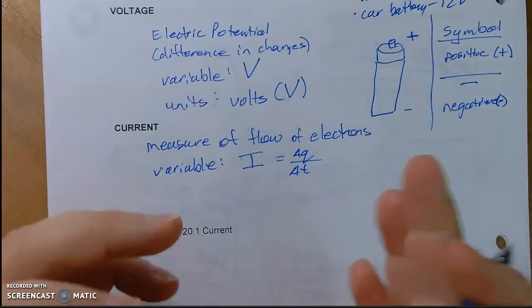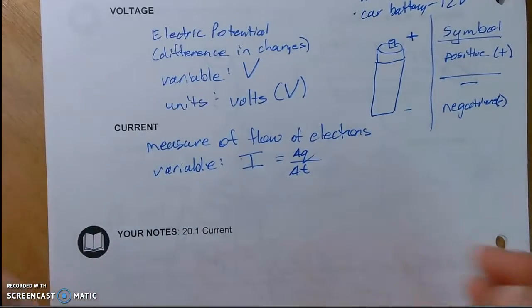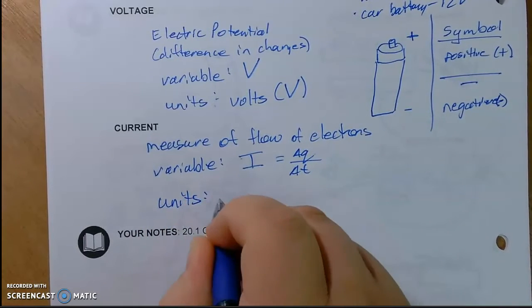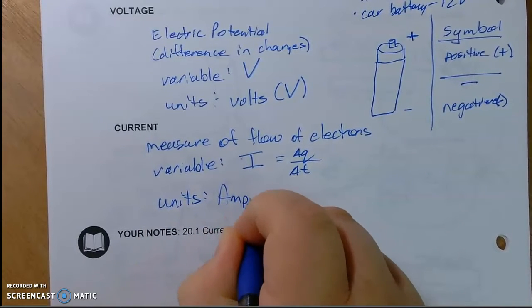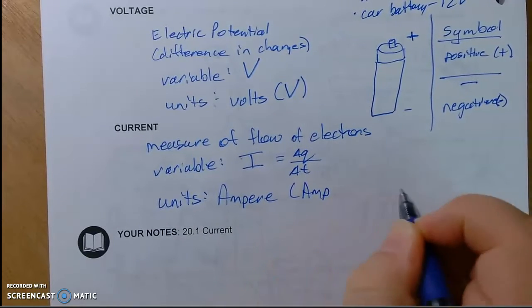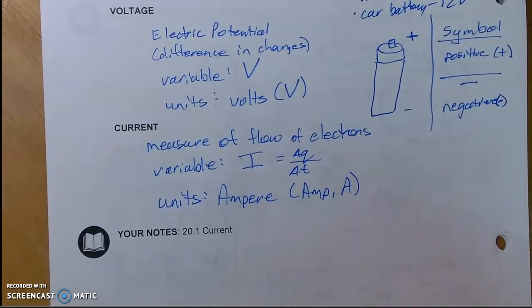So how much charge, how many electrons are passing a certain point in a certain amount of time. And then units, it's measured in amperes. We abbreviate that actually with amp a lot. You can just use capital A, either one of those is fine.